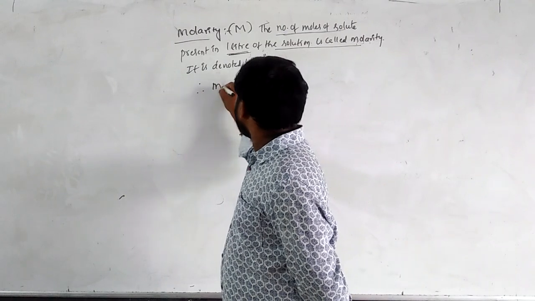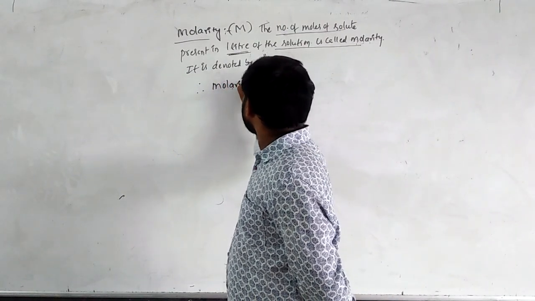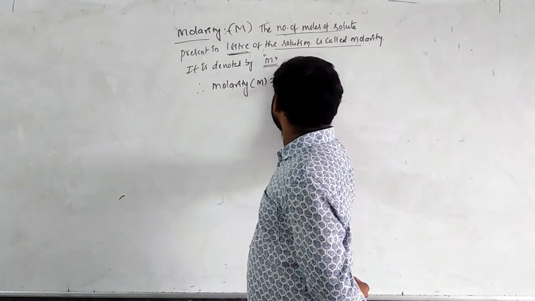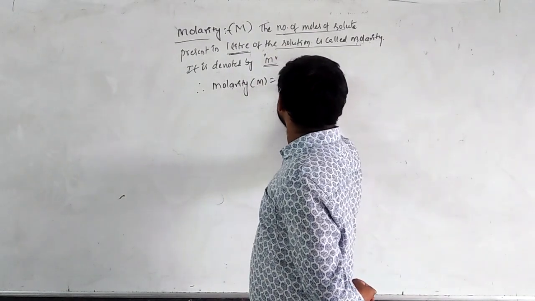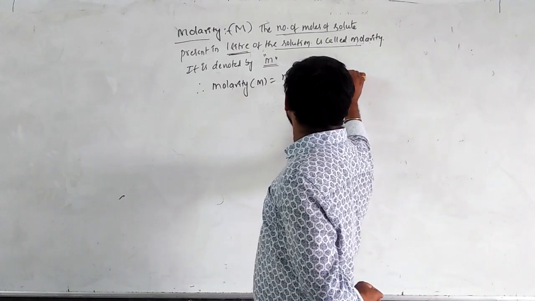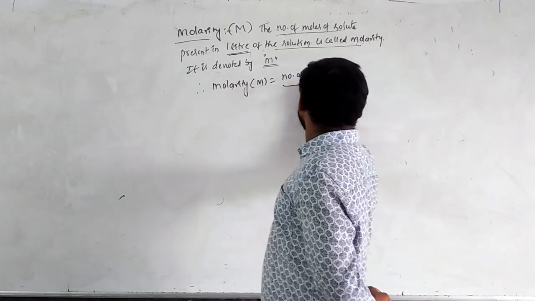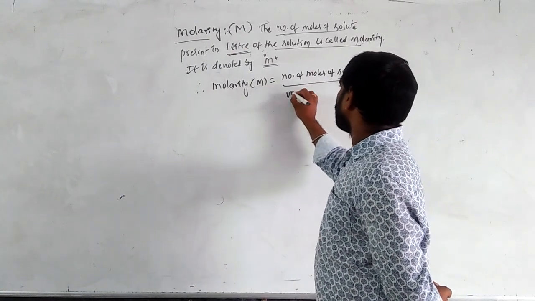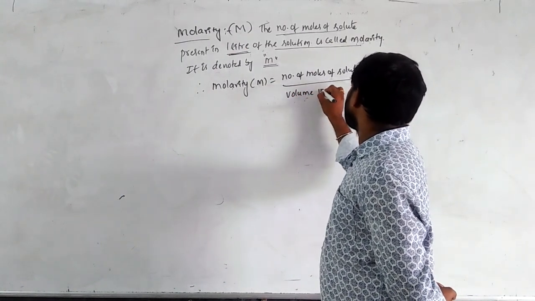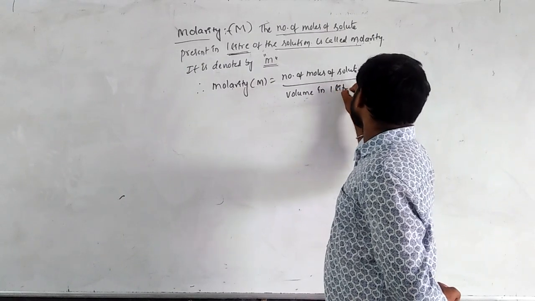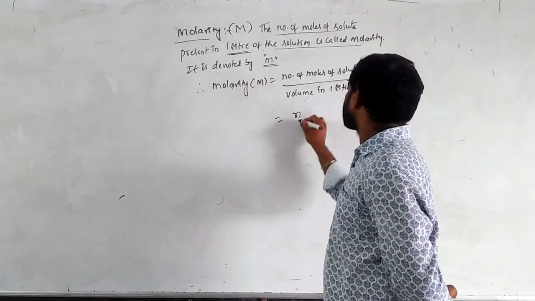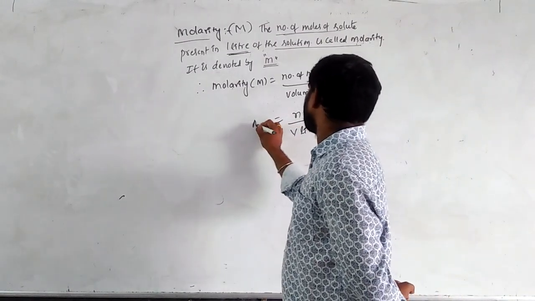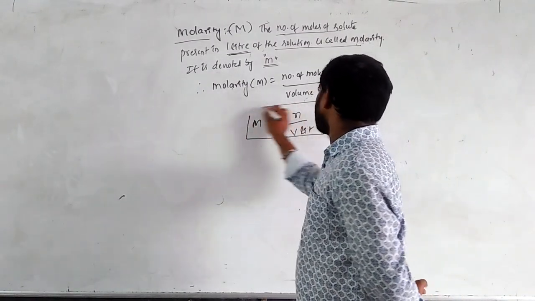Therefore, molarity M equals number of moles of solute present in 1 liter of the solution. That means number of moles N by V liters. This is the formula for molarity.